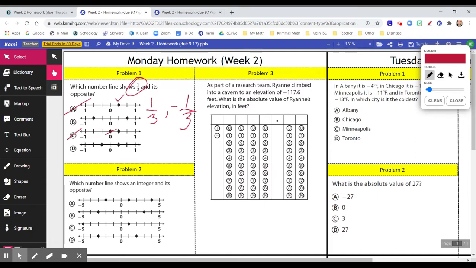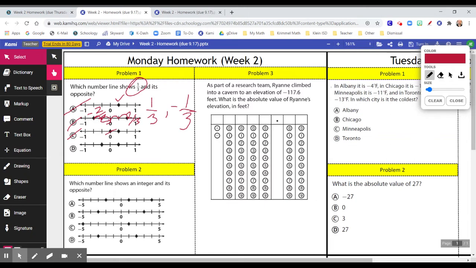So if we look at B, it looks like we have a fraction where we go 1, 2 out of 3. So that actually looks like it is 2/3, and then you go -1, -2, and that's actually -2/3.